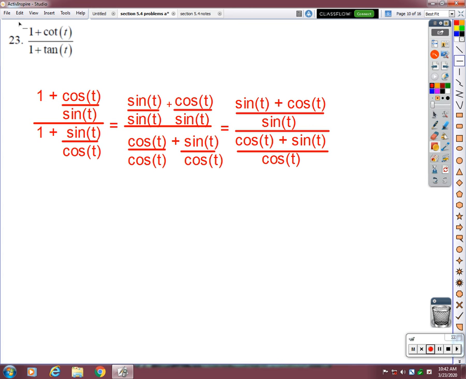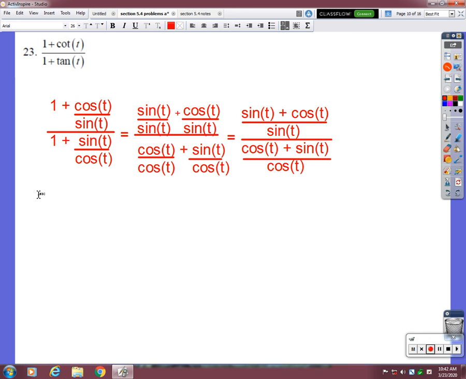Alright, so then again, as promised, we're now going to take this and do the multiply by the reciprocal thing. So the fraction on the top stays the same. And then we're going to go times the fraction on the bottom flipped over.